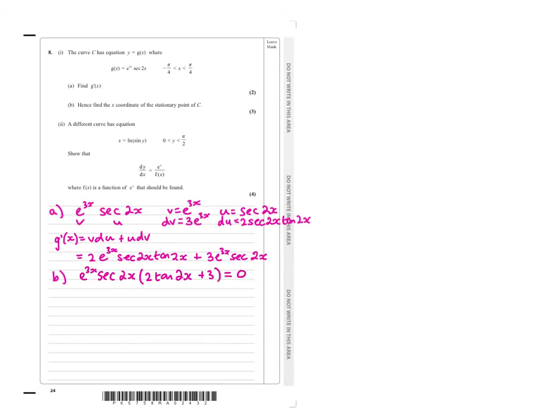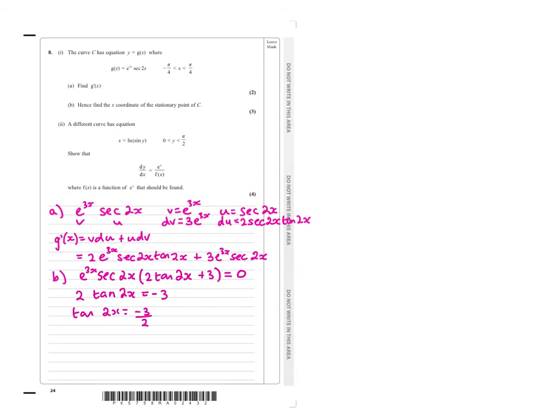This needs to equal 0. I can divide both sides by e to the 3x sec 2x. So then I have 2 tan 2x plus 3 equals 0, so 2 tan 2x equals minus 3. So tan of 2x equals minus 3 over 2.